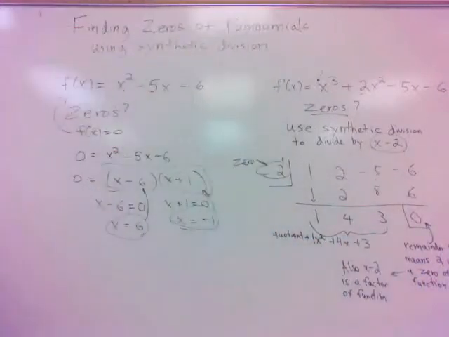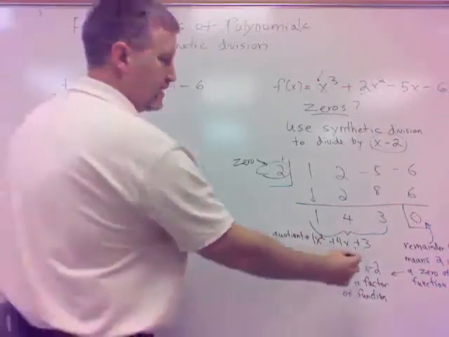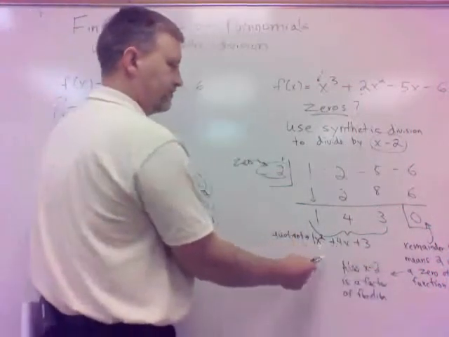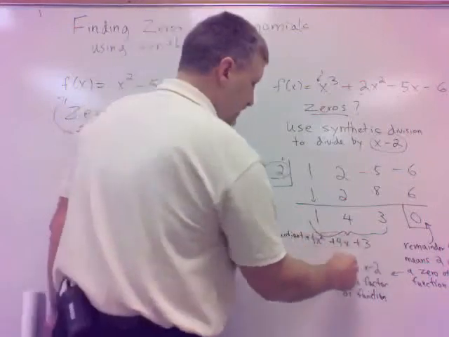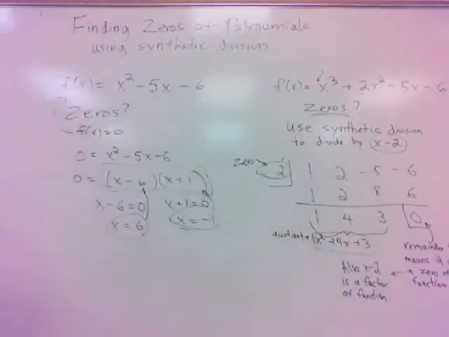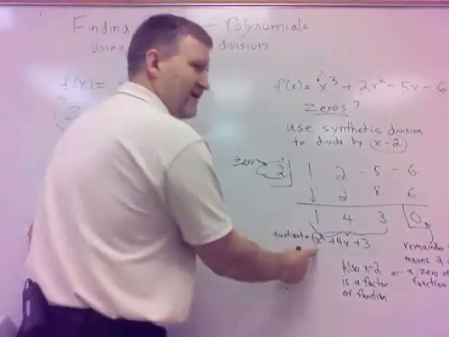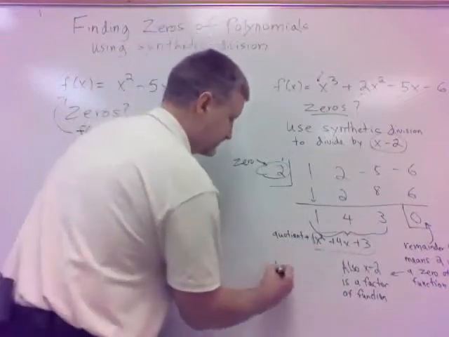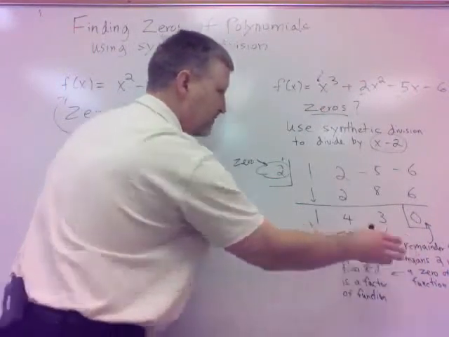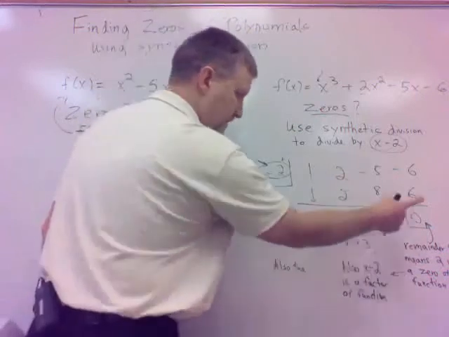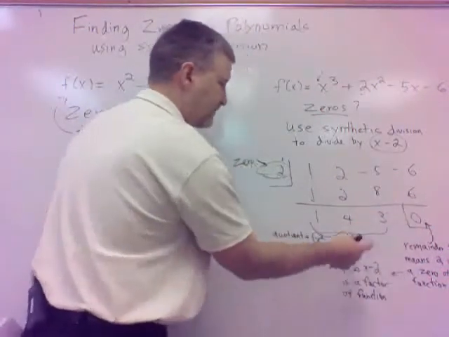Well, it turns out x minus 2 is a factor, and there are some other factors that go with it. Preliminarily, I guess you might say, we can also say this is a factor. So when you get that 0, a lot of good things happen. You got a 0 of the function, you got a factor of the function, then you got another factor.